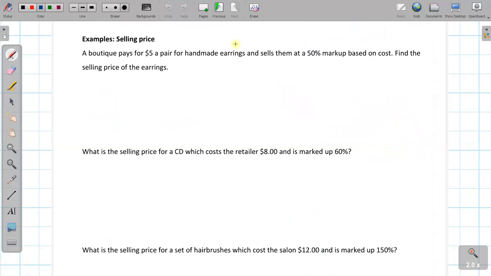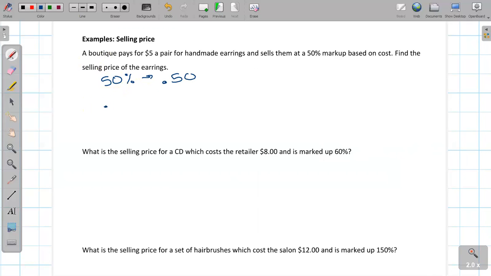Okay, now we're going to take this one step further and find the selling price. So the boutique pays $5 for a pair of earrings and sells them at a 50% markup based on cost. Find the selling price of the earrings. So 50%, we have to change to a decimal, which is 0.50. Move it 2 places to the left.